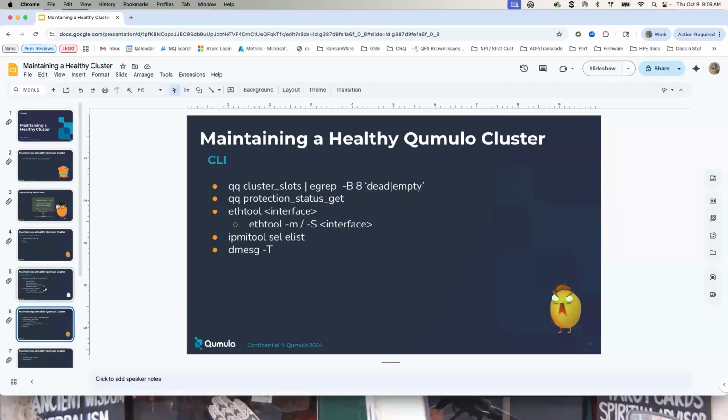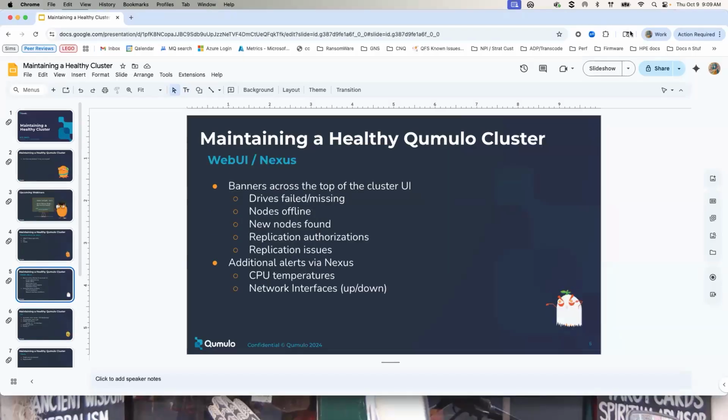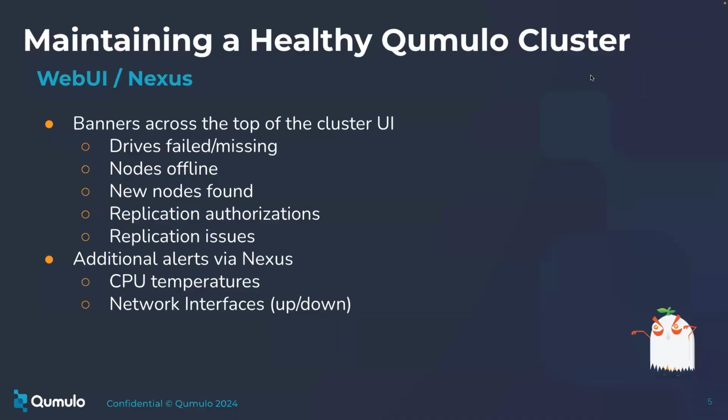So pop back over there. It's going again. As I said, your additional alerts via Nexus, those are coming from open API calls. You can go through the motions of getting Qumulo alerts installed out there. My understanding is at some point, Nexus is basically going to be doing the same thing as Qumulo alerts.